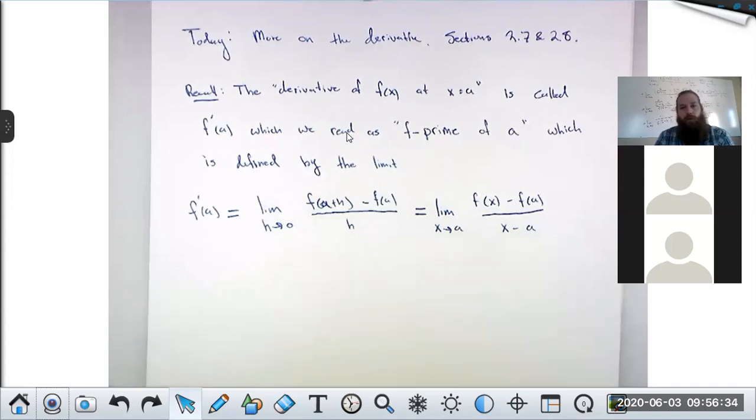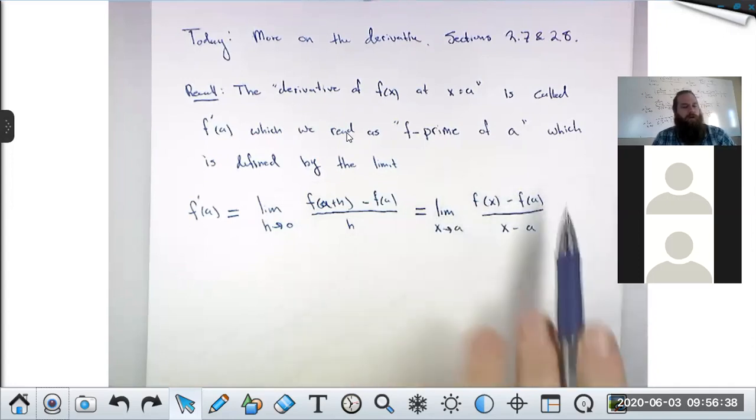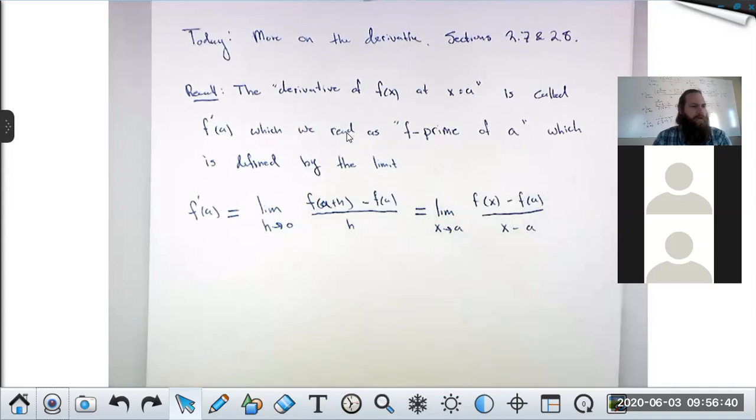So for one of the example problems I'm going to do for you today, I want to do the calculation like this. Your book shows both of these to you in section 2.7, and I wanted to work just with this one on Monday so we didn't introduce any confusion. But these are two absolutely equivalent definitions. They mean literally the same thing.